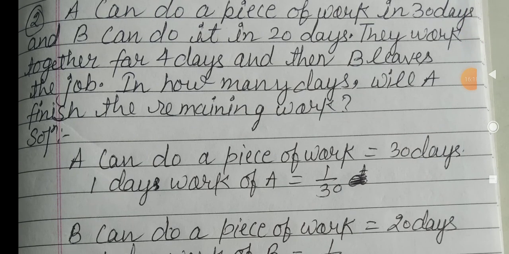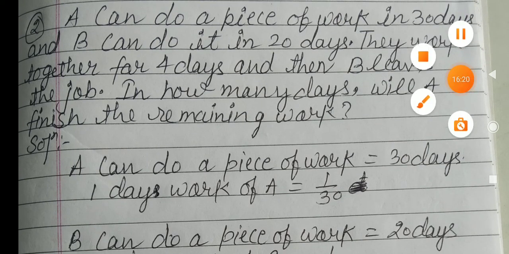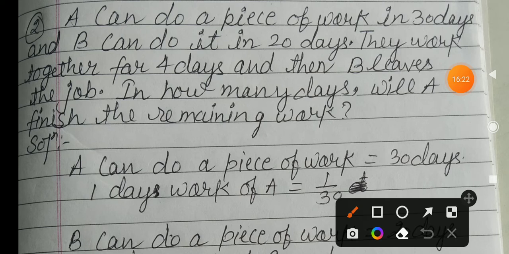And now the second question. The second question is just like the same question. Here the second question is: A can do a piece of work in 30 days and B can do it in 20 days. They work together for 4 days and then B leaves the job.